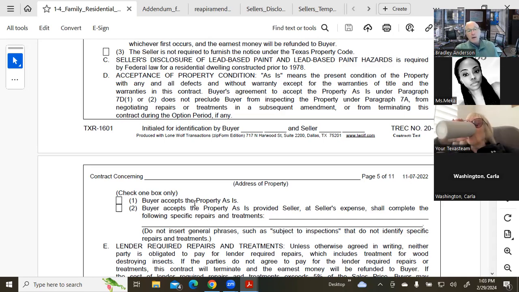All right. However, option D2, if you read here, it says buyer accepts the property as is, provided that the seller, at seller's expense, shall complete the following specific repairs and treatments. Okay, so what would you put in here and when would you do that?